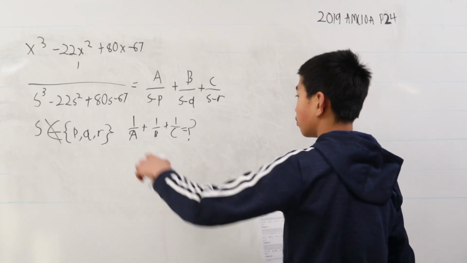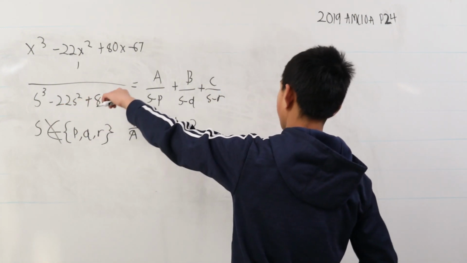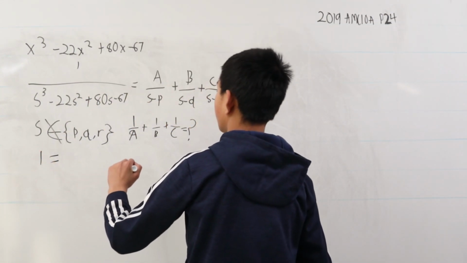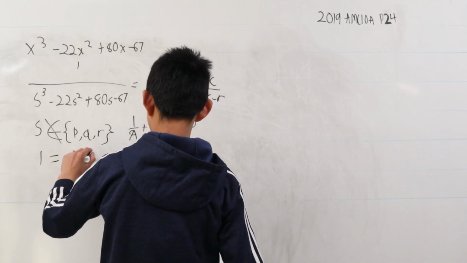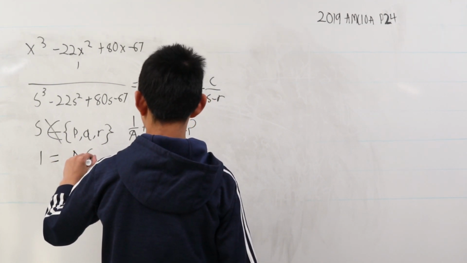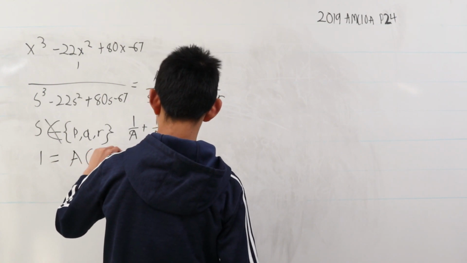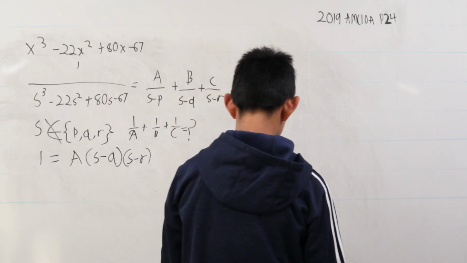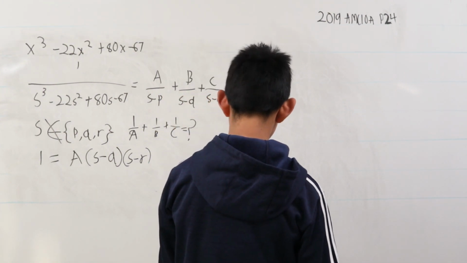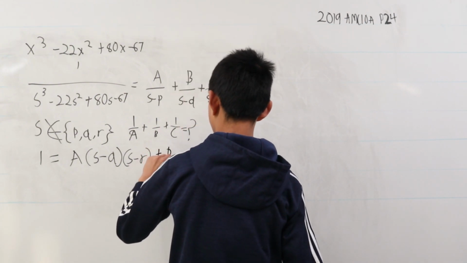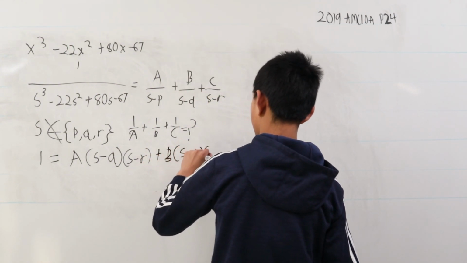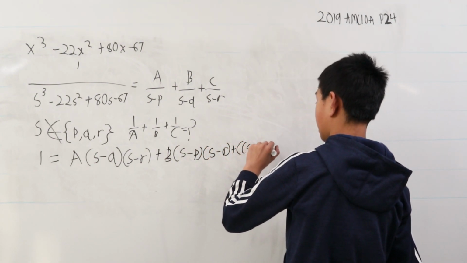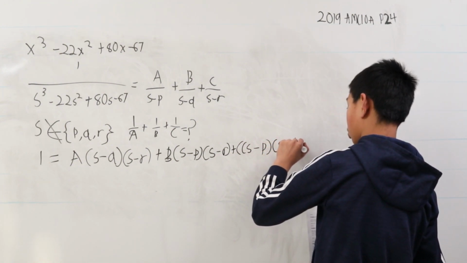Now, we can multiply both sides by this enormous thing on the bottom. So this becomes 1 is equal to a times s minus q times s minus r, plus b times s minus p times s minus r, plus c times s minus p times s minus q.